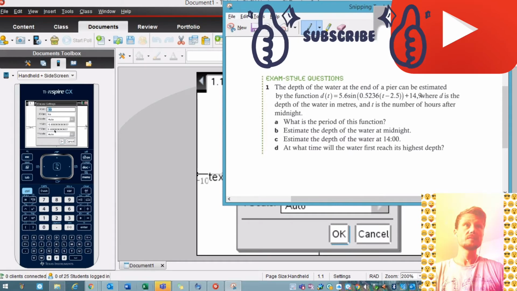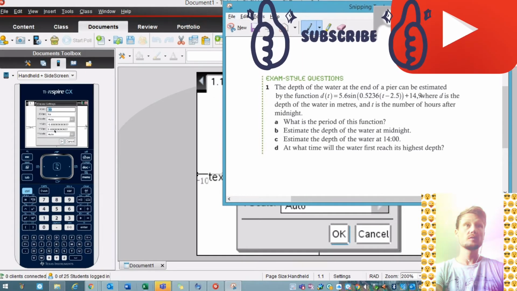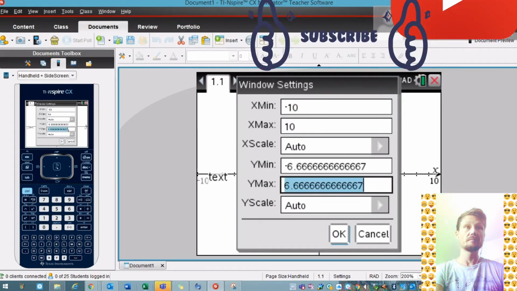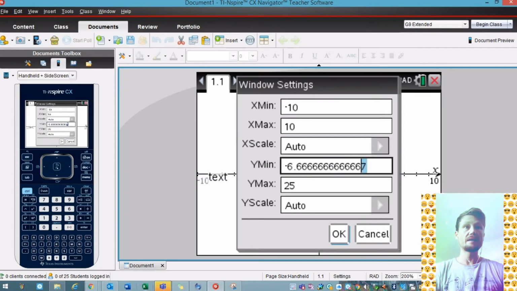That tells me the highest possible value is around 22, so I'm going to make my y max 25 to round it off. For my y min, if it's negative 5.6 and I add 14.9, it's going to be positive, so I'm just going to use negative 5 so I can see the x-axis. I don't want it to be higher than that.